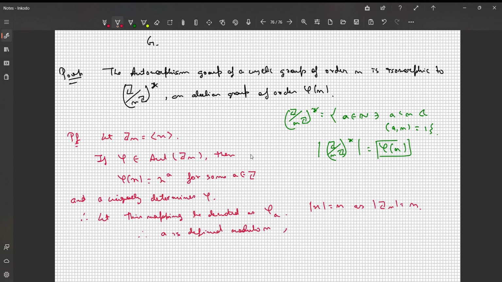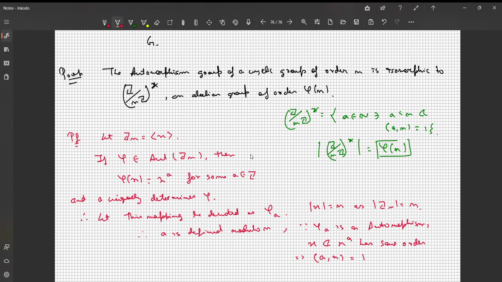And since psi a is an automorphism, x and x to the power a have the same order. So by the order properties, we know that the exponent a and the order of x, that is n, must be co-prime.